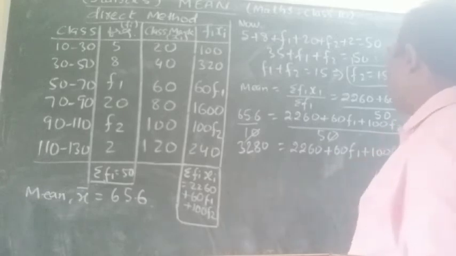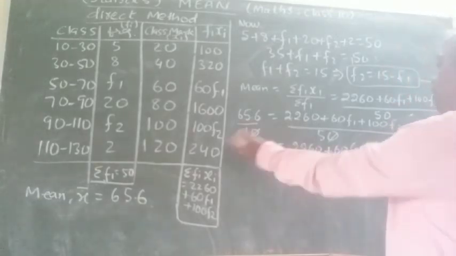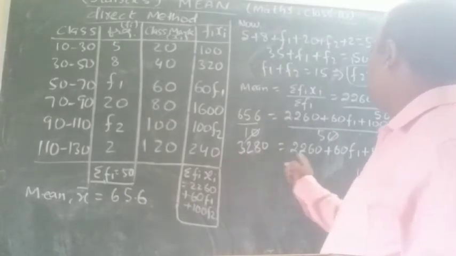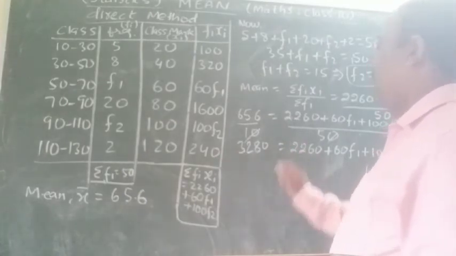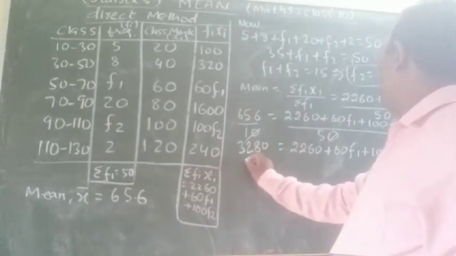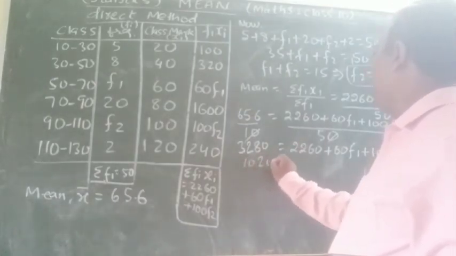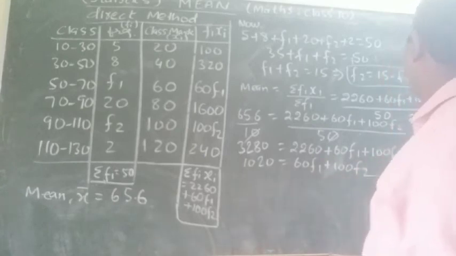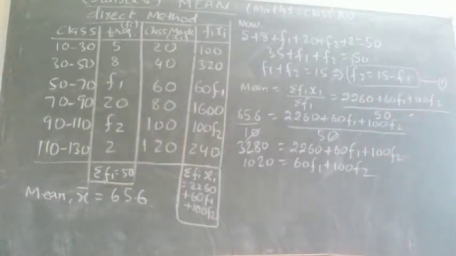Now we subtract to get 1020. 3280 minus 2260 becomes 1020. So 1020 equals 60 F1 plus 100 F2. Okay, we can put the value of F2 from equation 1.